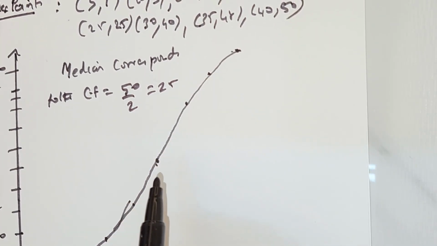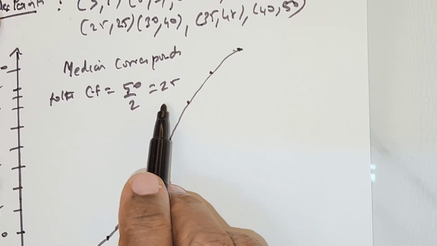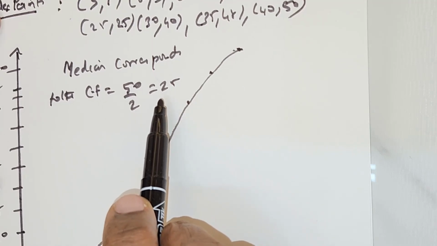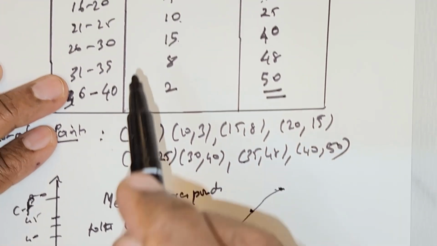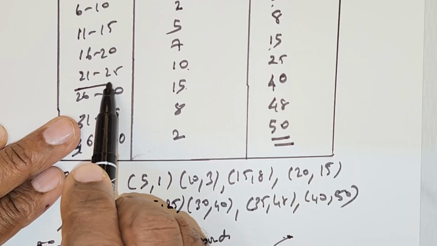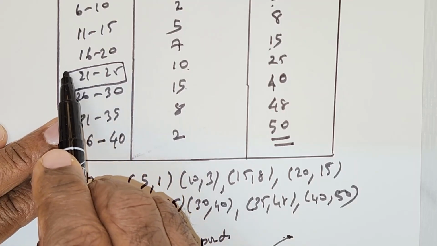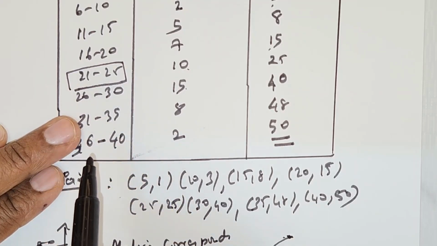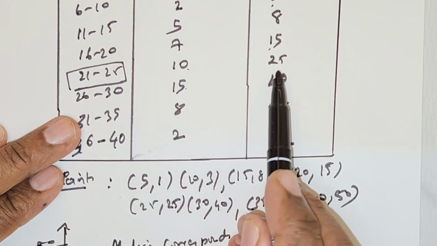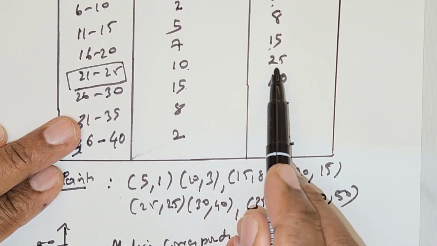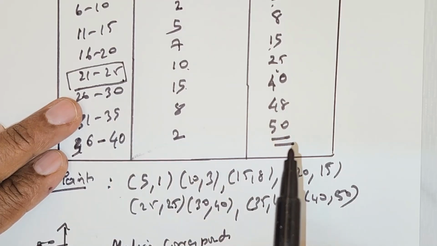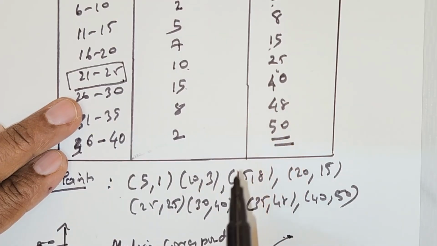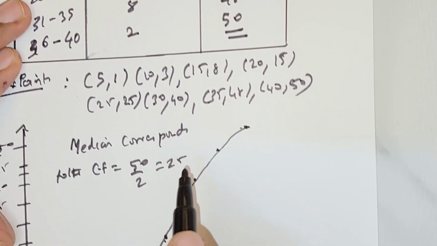So now you need to go up and locate this 25. Where exactly does this 25 correspond to? 25 corresponds to 21 to 25 minutes. So you have to get the median value for that.